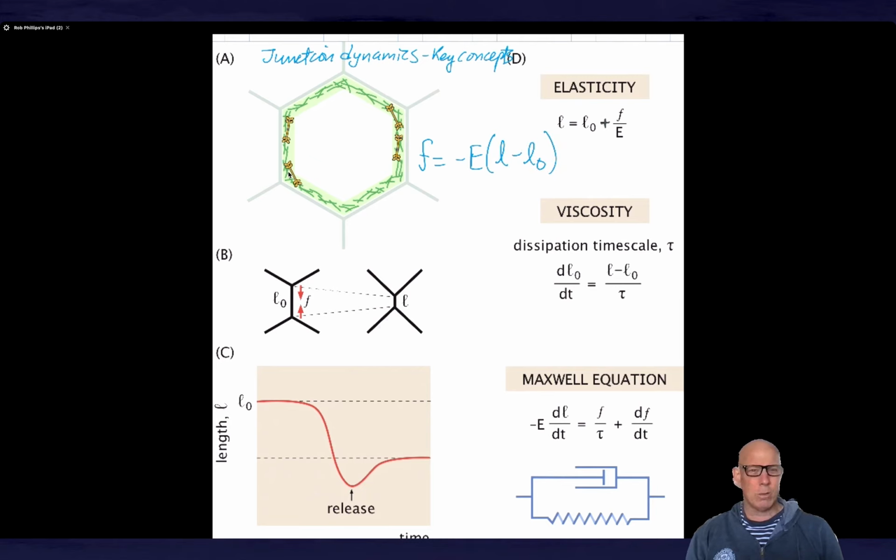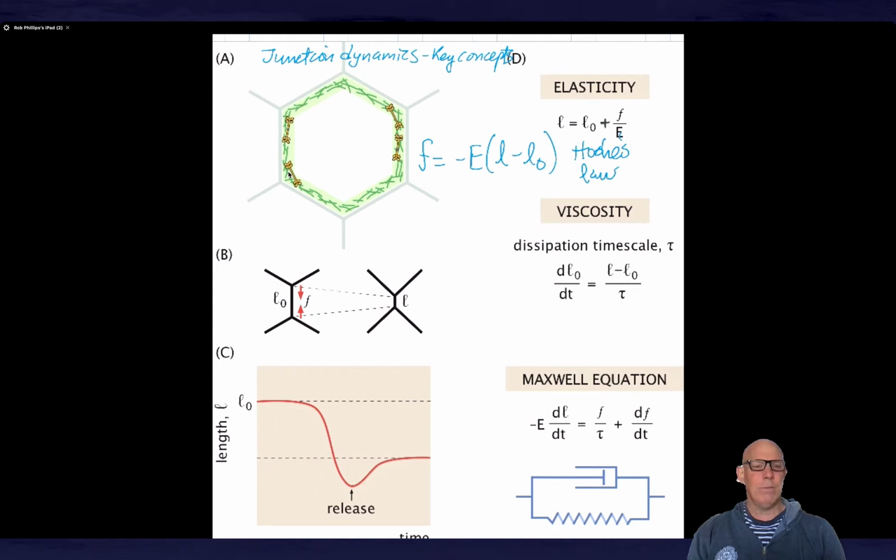If L is greater than L naught, the reference length, there will be a restoring force that tends to pull it back to its original length. One of the really neat things they did in this paper was use optical traps to pull on these junctions and change their length, sort of synthetically. At any rate, this is Hooke's law, which describes the elasticity of the junction.